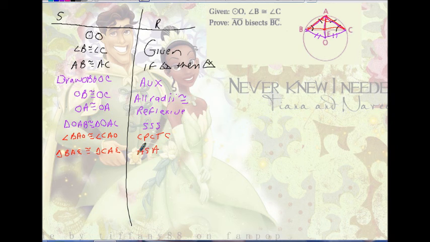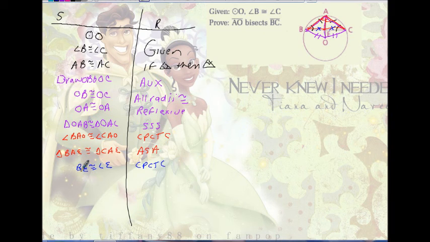Now, my next step, to prove that AO is bisecting BC, I need to have those congruent pieces. So let's go ahead. Here's going to be my congruency. BE is congruent to CE by CPCTC.